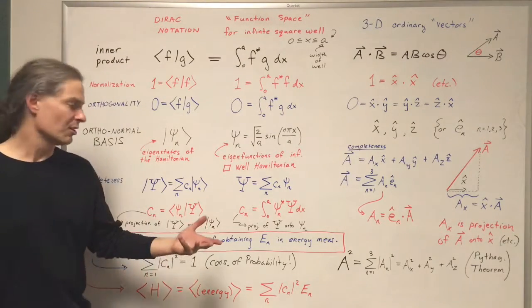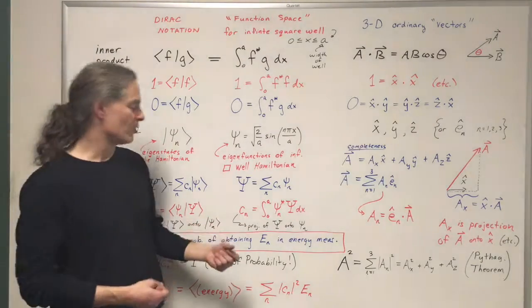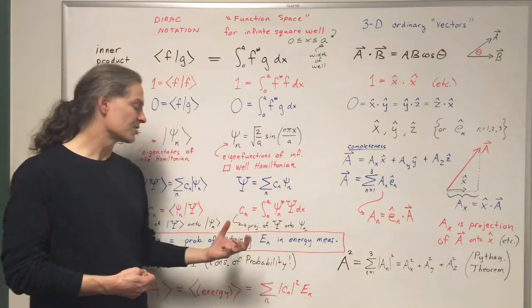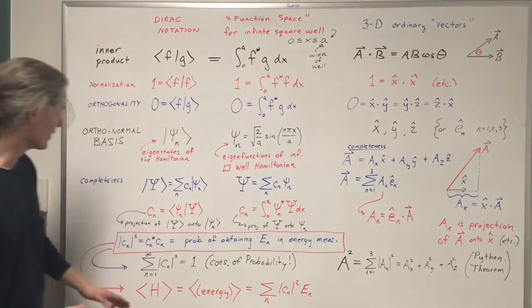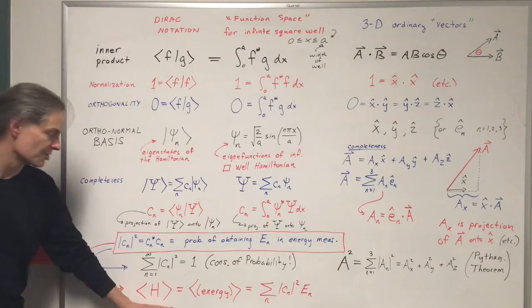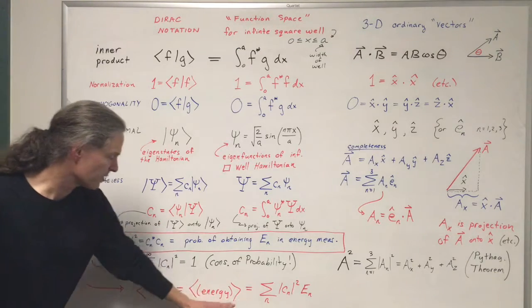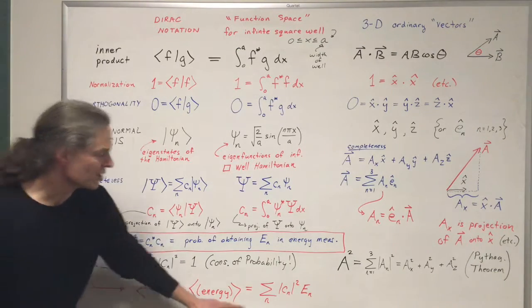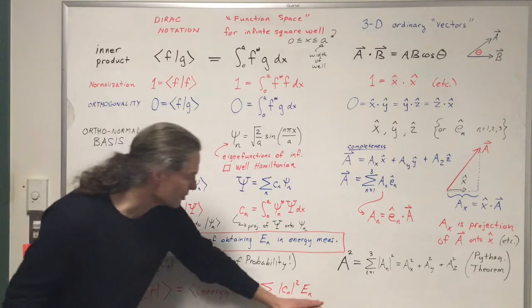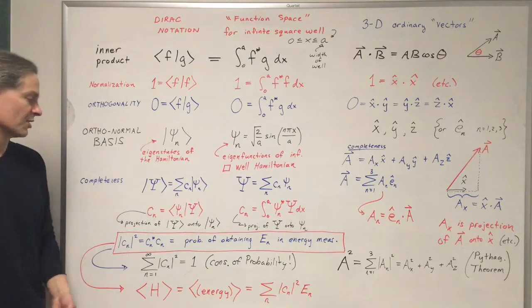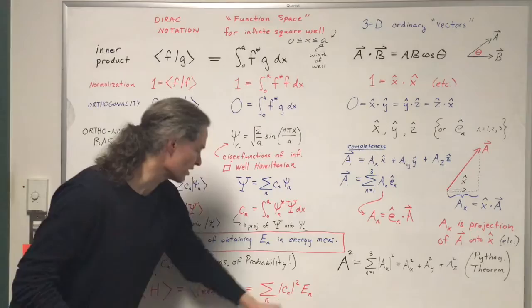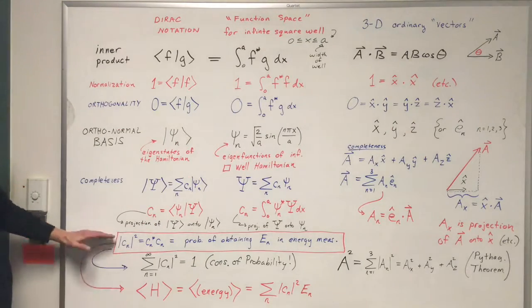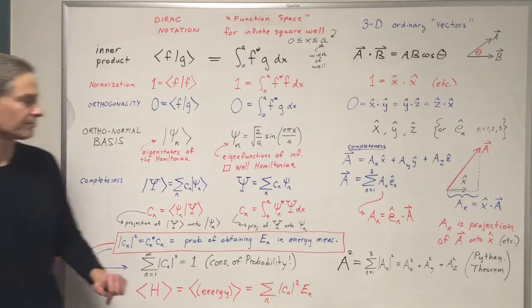If I multiply each result by the probability of getting that result and add them all up, I'll get the overall value. So this expectation value of the energy is a probability weighted average of all the possible energy results. This is just a straightforward mathematical consequence of this interpretation.